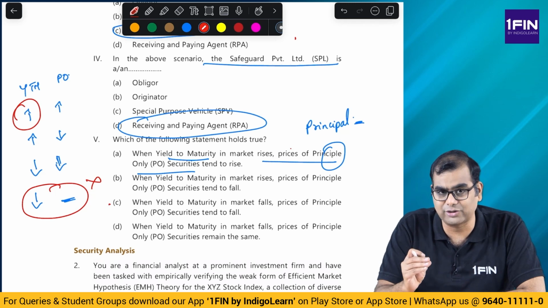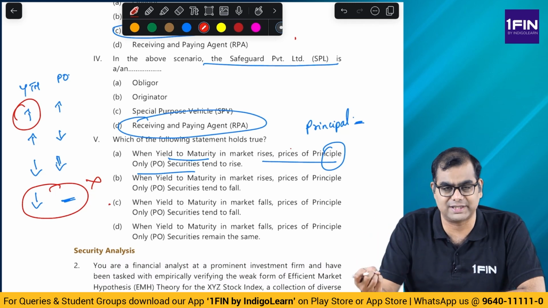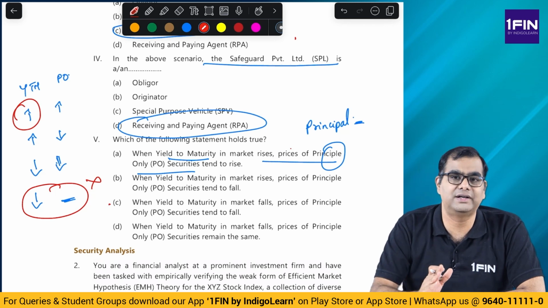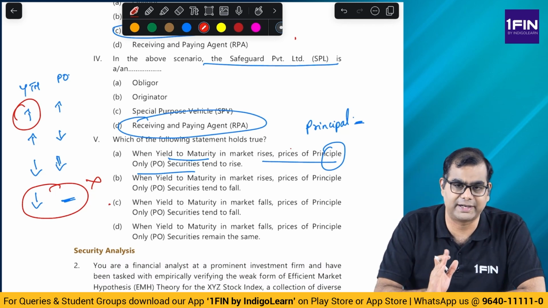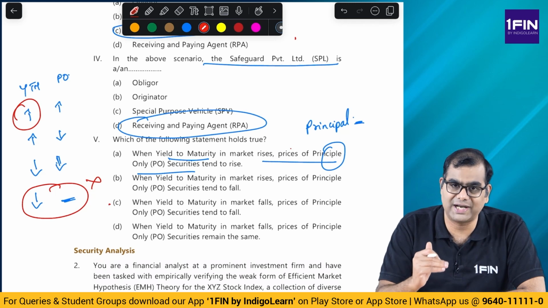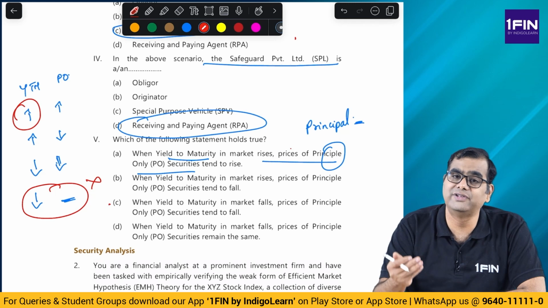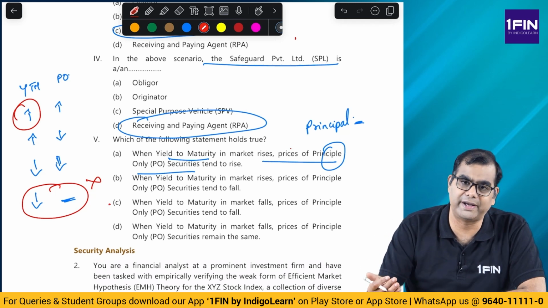So, in case of a security where only the principal portion is available, as and when interest rates increase in the market, if the PO portion has a fixed interest rate and market interest rate increases, nobody will repay. If they do not repay, the PO will be paid on the due date.